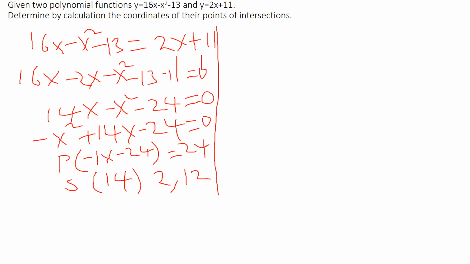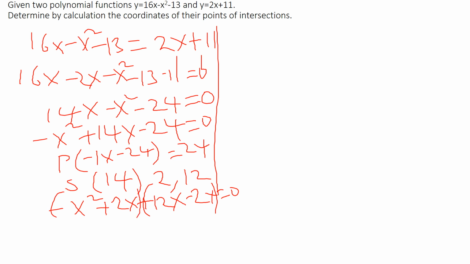So I'll have, in the first case, negative x squared, then plus 2x, then plus 12x, then minus 24 is equals to 0. So now from here we can factorize by grouping them. So we have this and this grouped together, and then we have this and the other part grouped together.